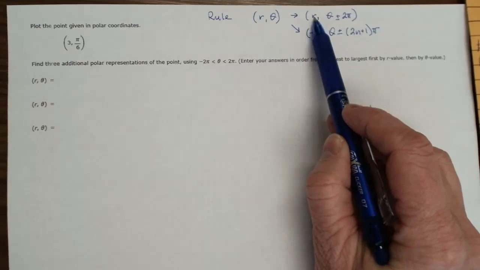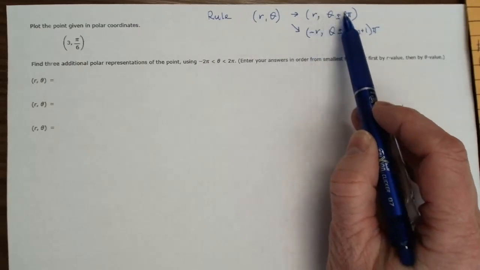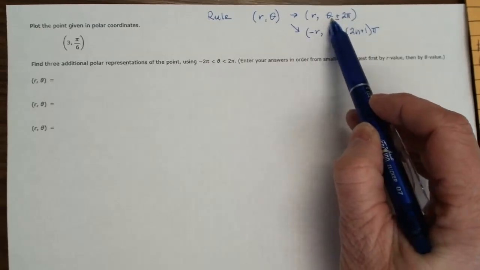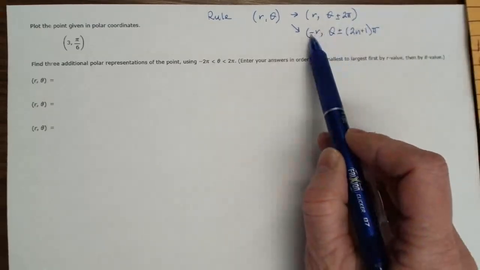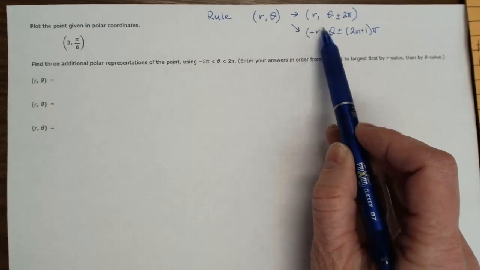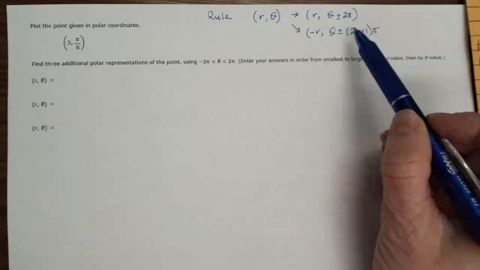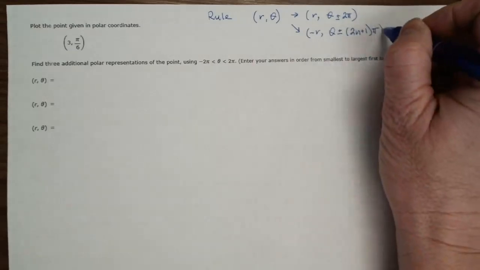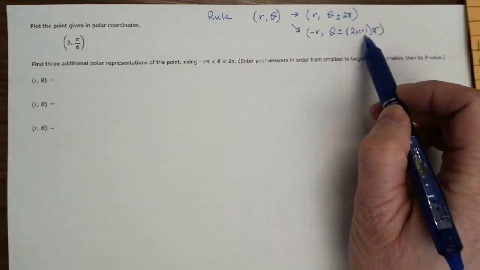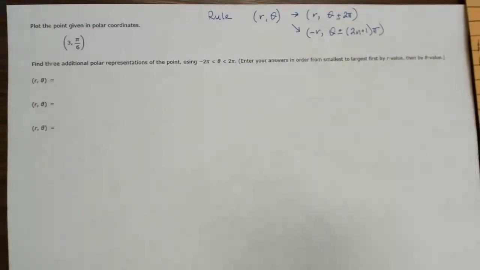The r will stay the same, and we need to add or subtract 2 pi to the angle. And then we need to flip r, the sign of r, and add or subtract 2n plus 1 times pi.